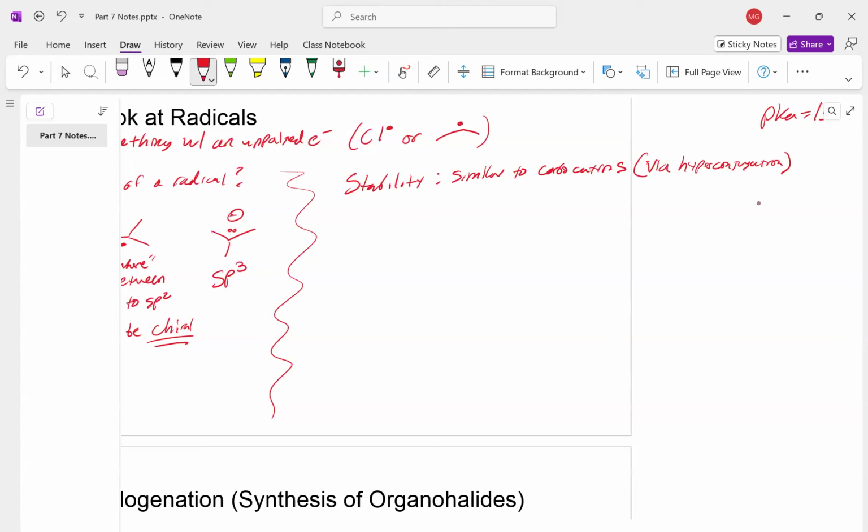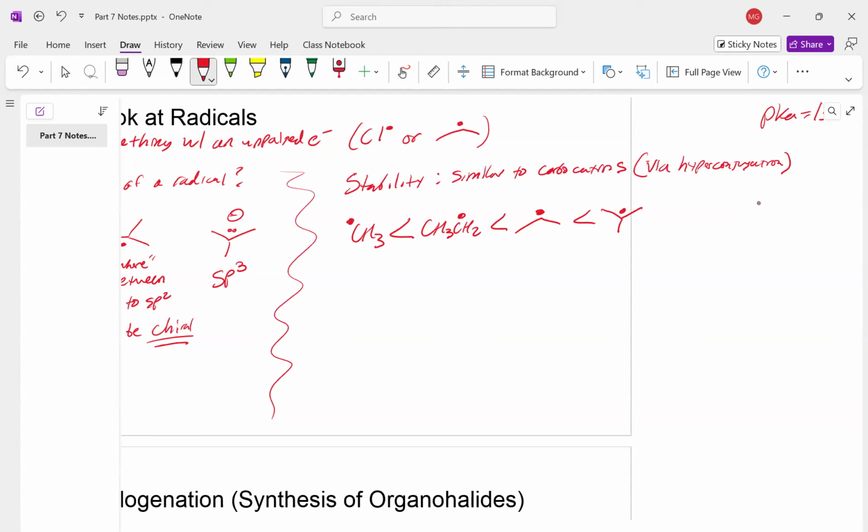So the order of stability, we'll start with methyl radicals. Those are the least stable. And then primary radicals. And we have secondary. And then we have tertiary.